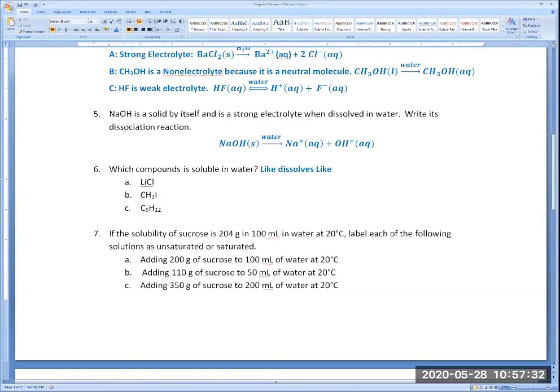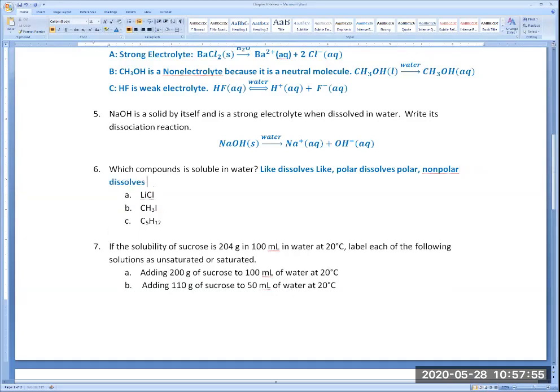That's the rule you need to follow to decide which compounds are soluble in water. Like dissolves like, which means polar substances dissolve polar substances, and non-polar substances dissolve non-polar substances. They have to be the same kind to be soluble together. So that's what you want to follow here.